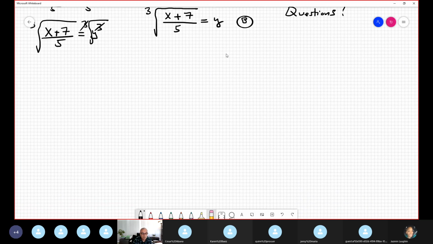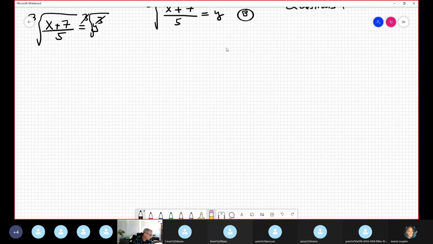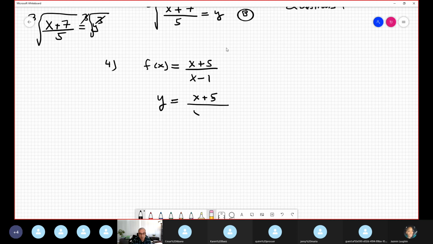Wow. Okay. Let's do number 4. Number 4 is a little bit more interesting. f of x equals (x plus 5) over (x minus 1). Okay, this is y equals (x plus 5) over (x minus 1).